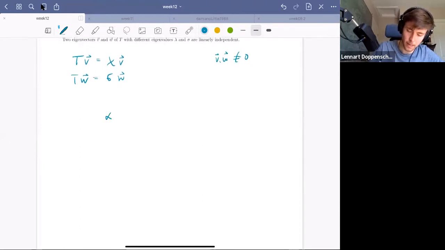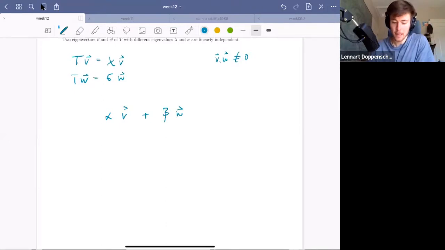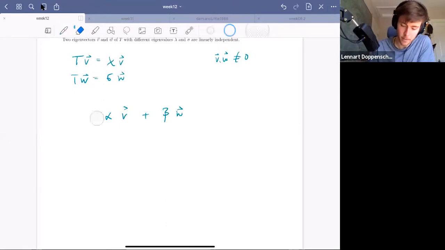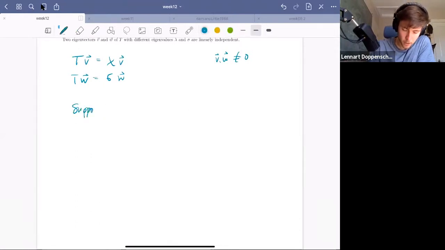So the way that I would show this is you try to find a combination. And indeed, because we have just two eigenvectors, we can make this simpler. So we can suppose that the family of V and W is dependent.